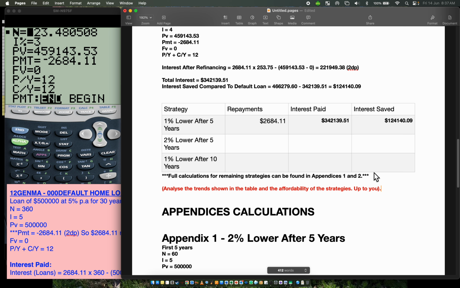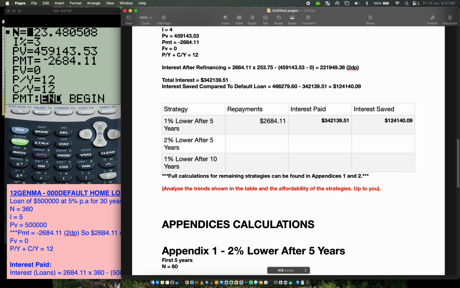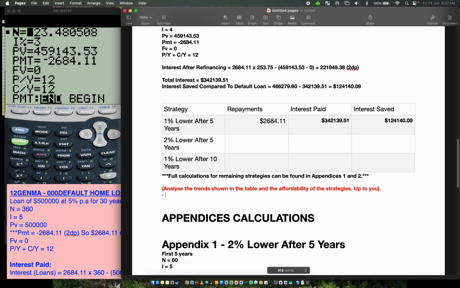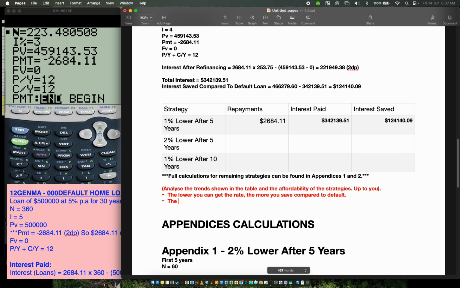Once you've done the maths here, what you should be able to show is the lower you can get the rate, the more you save compared to default, and the later you refinance, the less you save compared to the default.